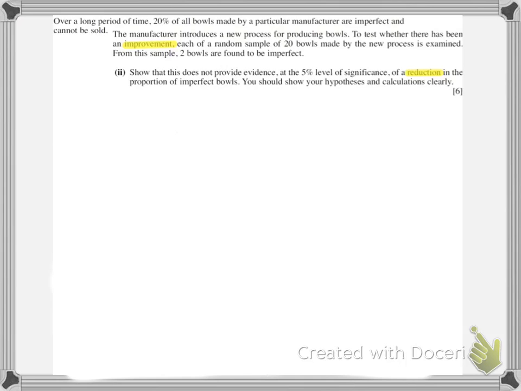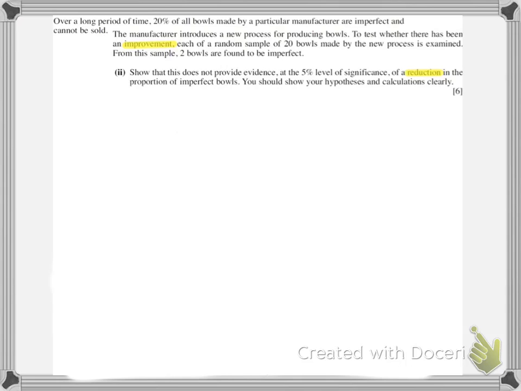They're actually saying that we're looking for a reduction in the proportion of imperfect bowls. So that's going to affect my alternative hypothesis. When we have a one-tail test like this, where we've got a clear direction that we're going in, then the null hypothesis will be p equals. The alternative will either be p strictly less than or p strictly greater than, not p is not equal to, as we'd have with a two-tail test.